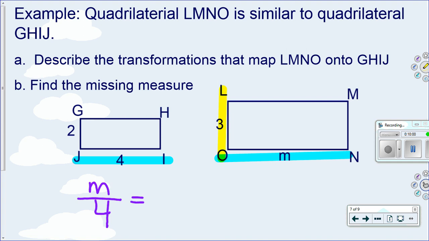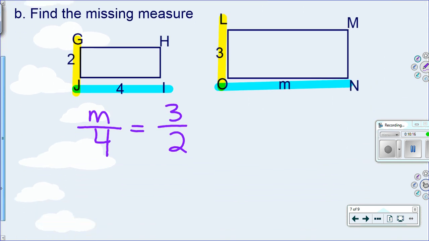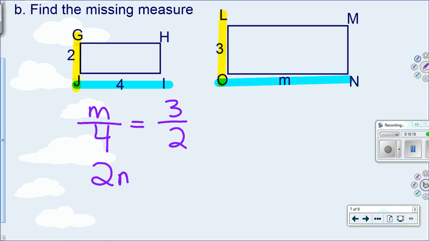So we're going to use LO over GJ. So we are going to use 3 over 2. 3 has to go on the top because M is in the numerator. They're on the same shape. So if we cross multiply, we get 2M equals 12, and M equals 6. So our missing side is 6.